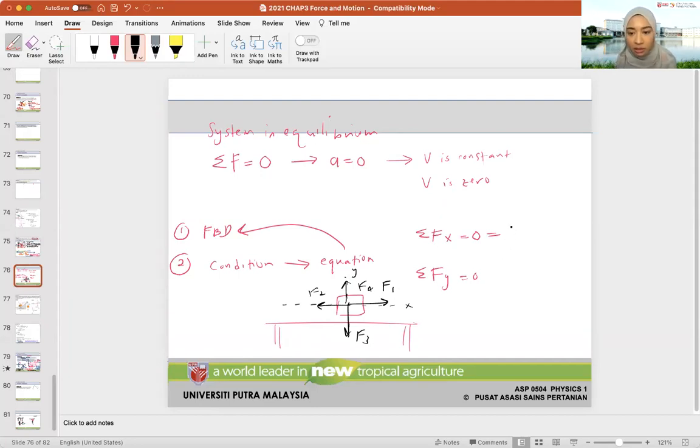So let's say this is positive F1 minus F2. It can be any forces. You don't have to be restricted to the ones that we learned. It can be a random force, not random, I mean it's just a magnitude of force. So it can happen like this. And then you have F4 positive going upwards, and going downwards is F3.